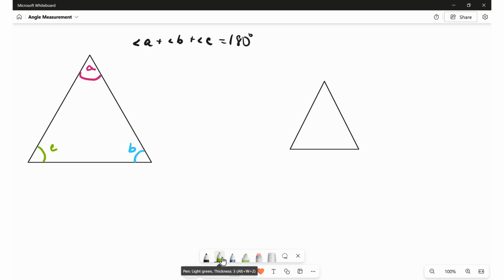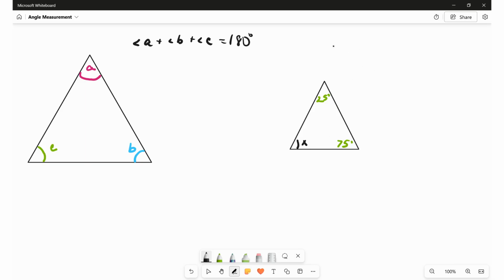And we are going to say that this degree measure is 25 degrees. And we're going to say that this is, let's say this is 75 degrees. Okay. Well, we know that the sum of all of these angles, we're going to call this x.